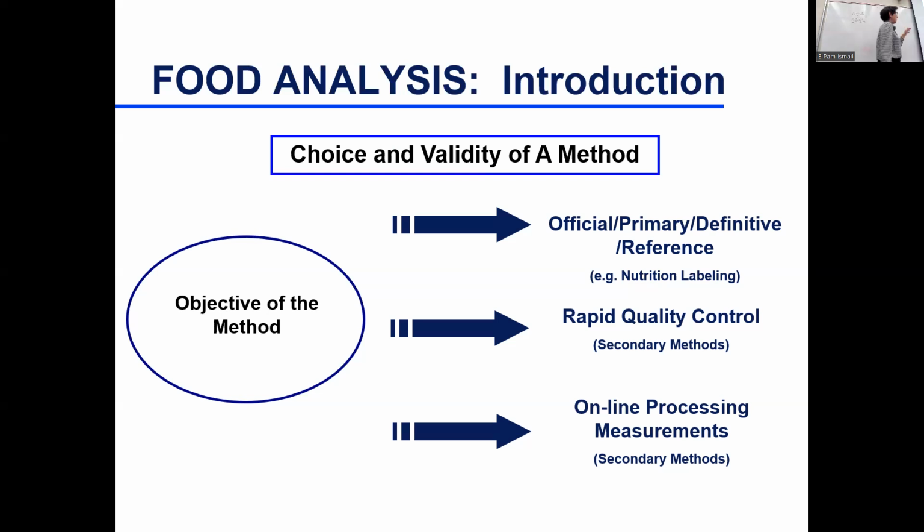So the official method is using differential scanning calorimetry. It takes time, and they needed something quick. So they started calibrating IR methods, infrared methods, to give them a quicker assessment of crystallization over time during production, and they call it a secondary method of analysis.